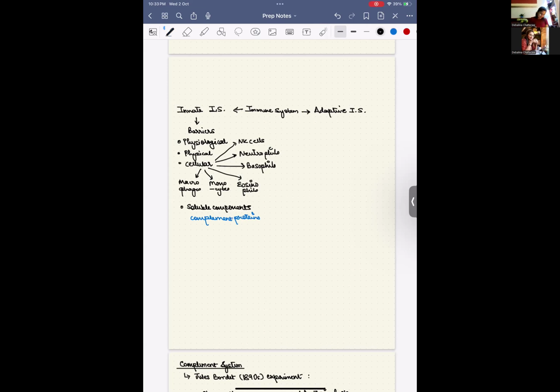In the adaptive immune system, there is something called the cell-mediated response and the humoral response.